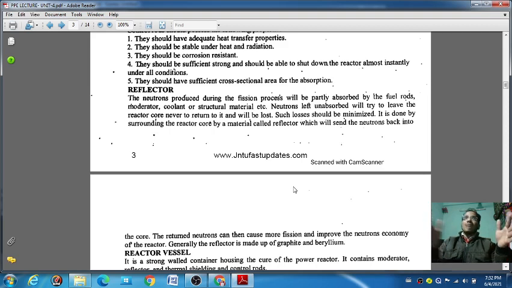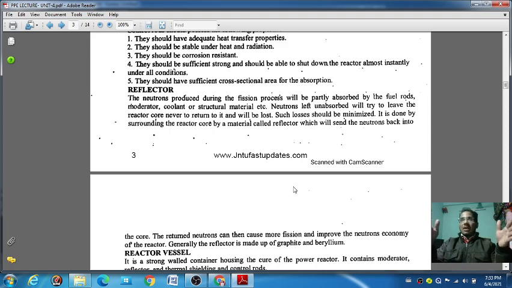Some are partially absorbed by the fuel, the moderator, the coolant and the structure material, and the rest, the unabsorbed part of the neutrons, want to leave the reactor through the core, and those neutrons will be lost. So we have to minimize these losses.